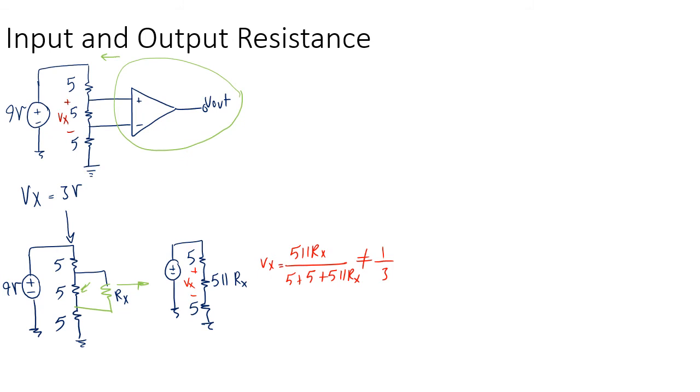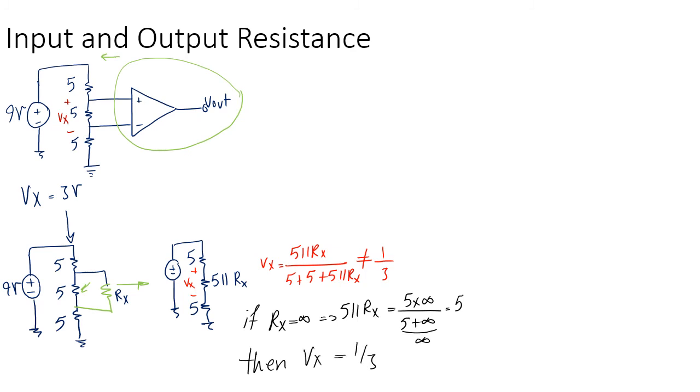Well, if Rx was infinity, then 5 in parallel with Rx would have been 5 times infinity over 5 plus infinity. 5 plus infinity is pretty much infinity, and 5 times infinity over infinity is going to be 5. So that is the only case where Vx would be equal to 1 over 3. Anything other than infinity is not going to result in a good thing for me.